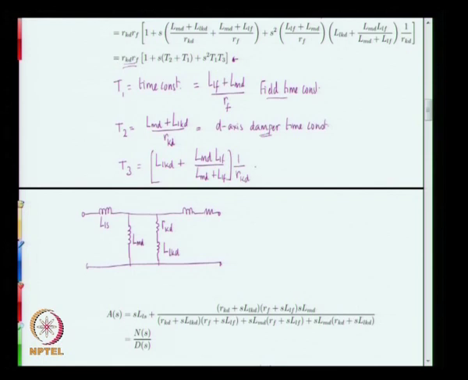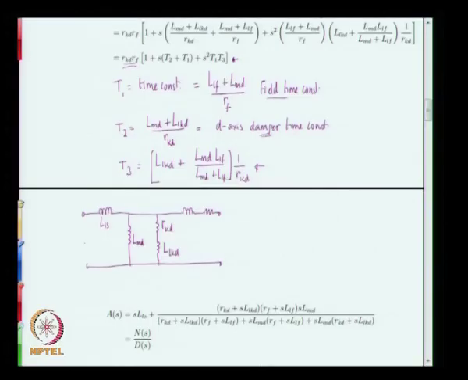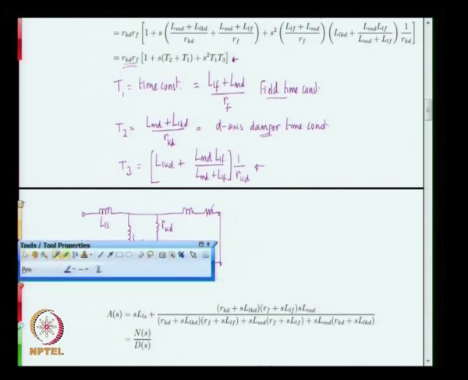Note that the time constant that we are seeing here as T3 can be obtained as follows. If you assume that this side is open, and you short this side, okay, neglect the field resistance, assume that we do not consider the field resistance. Now this term can be interpreted as follows.